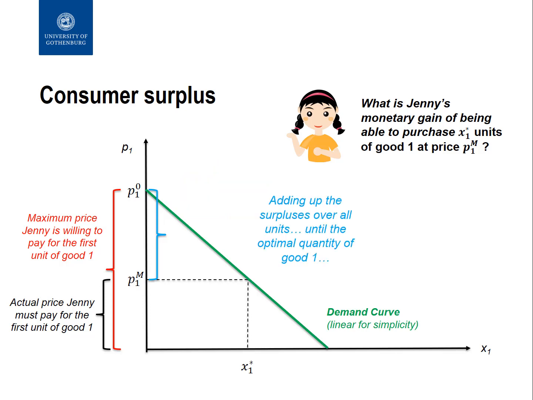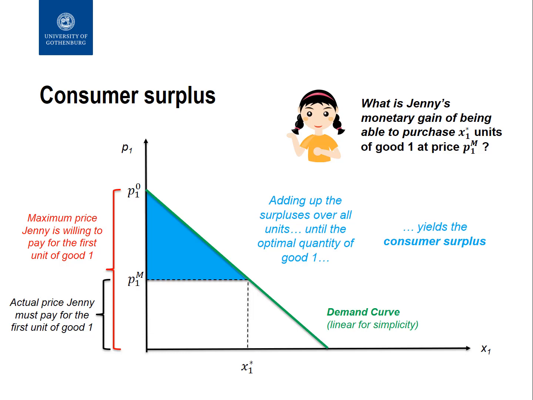Now we can add up all the surpluses over all units of good 1, as we did for the first unit, until we reach the optimal quantity x1 star that Jenny is going to consume. And that gives you Jenny's consumer surplus.